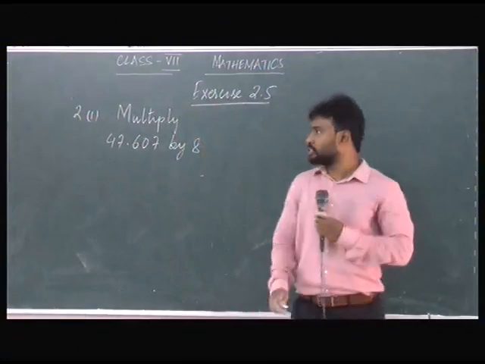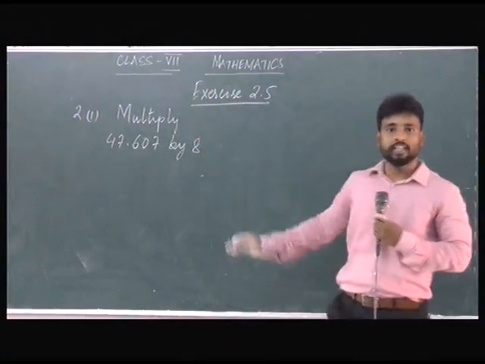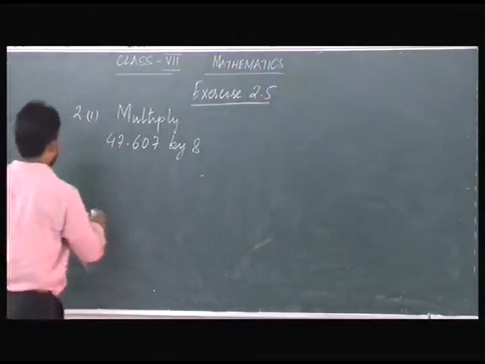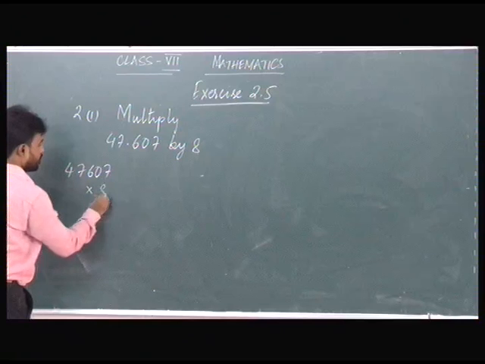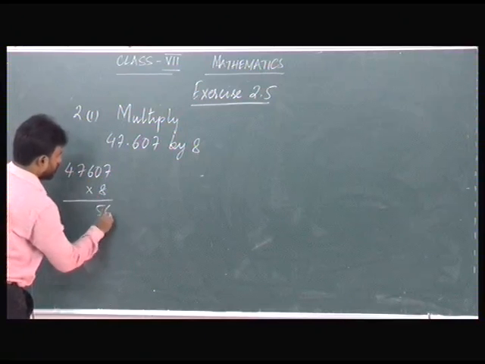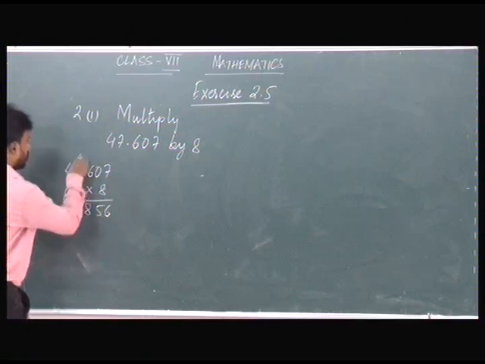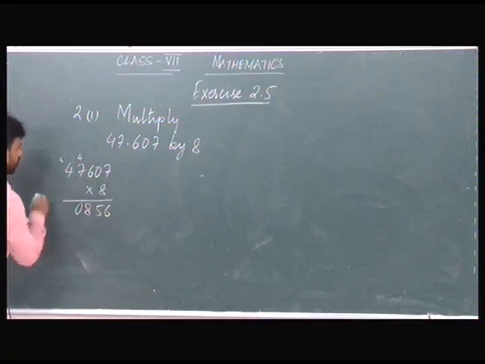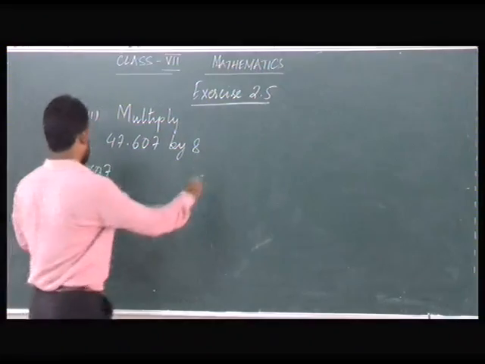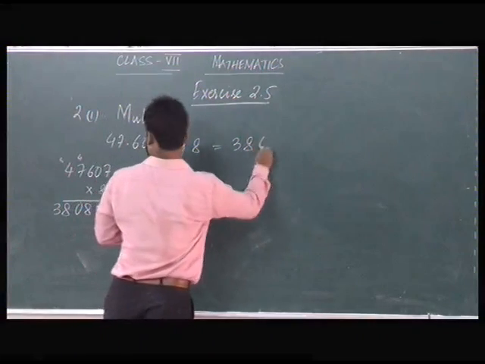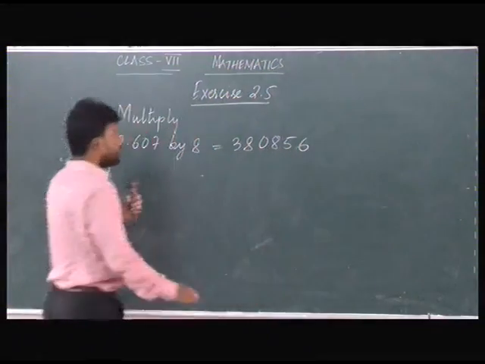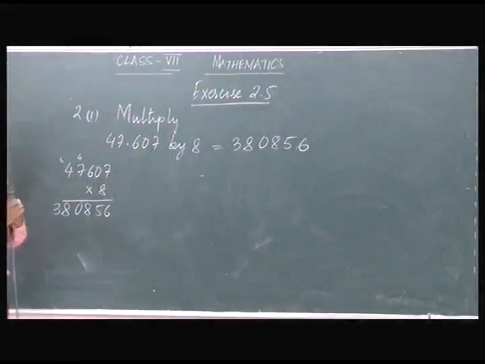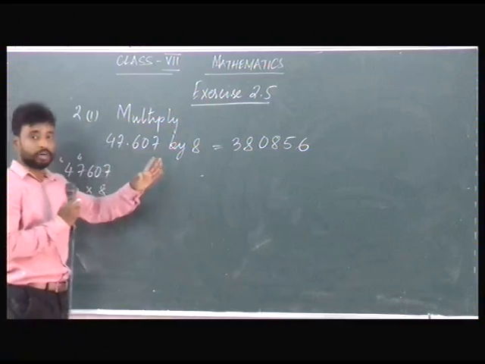First of all, ignore the decimal and multiply the number. So we get 380856. We multiply 47607 by 8.